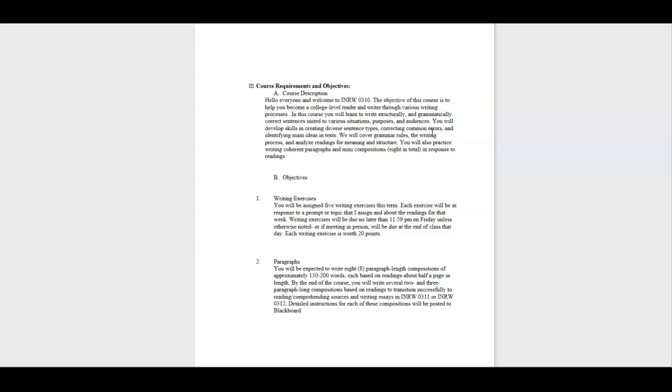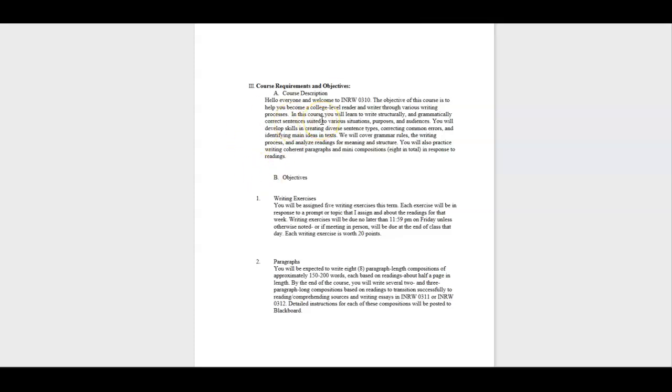Basically, we're going to be covering paragraphs, paragraph structure, how to write short paragraphs that are going to get progressively longer throughout these next 5 weeks. And by the time you're done with this class, you'll be ready for the next class, which is 1301, 0311, and writing essays.